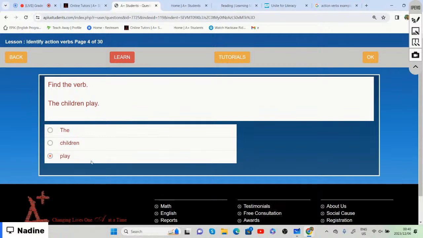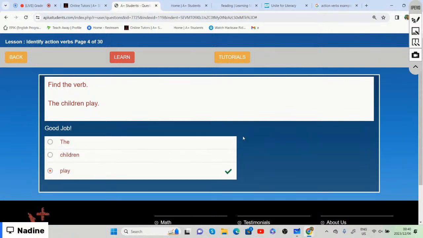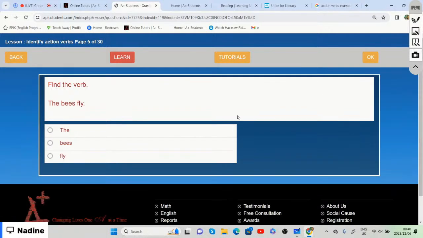So play is the action, the verb that tells us what the children do. So we said play. And play is correct. So well done, everybody.